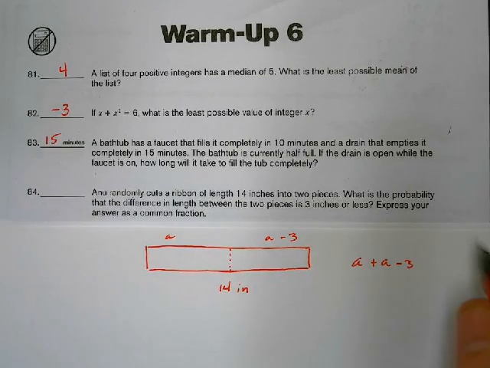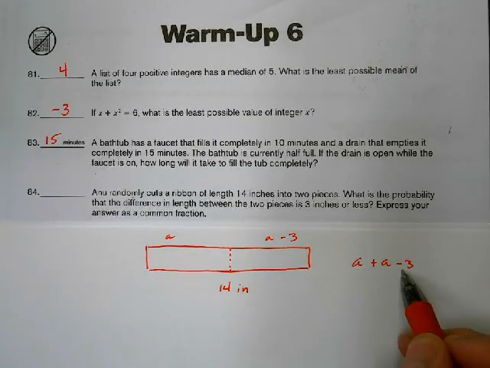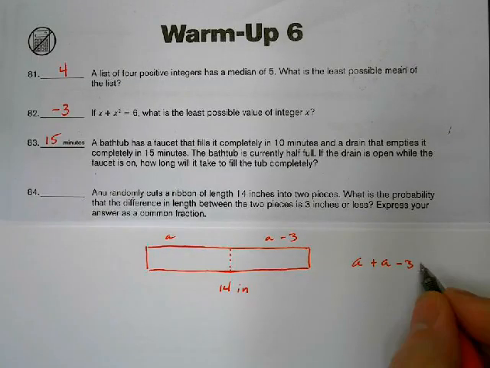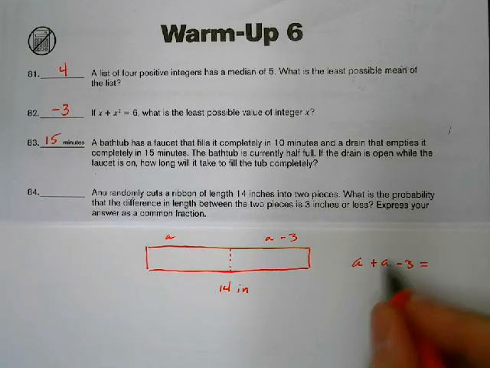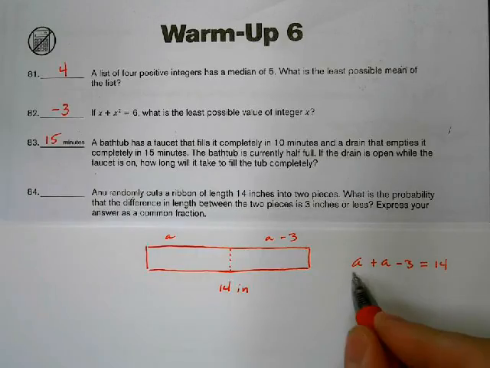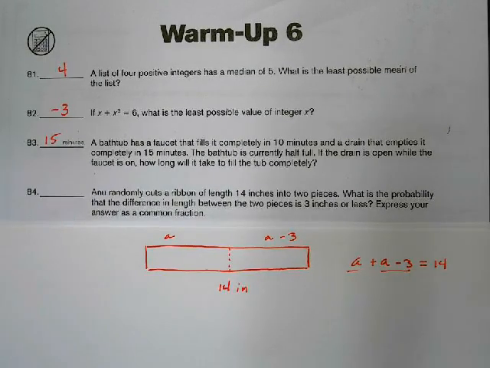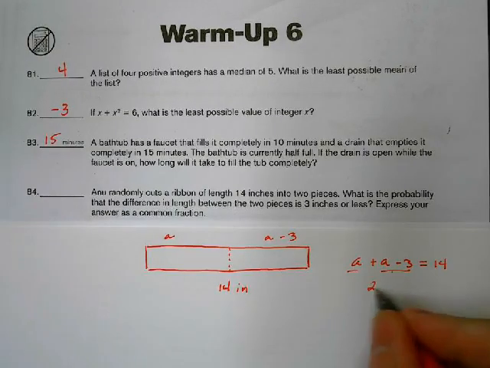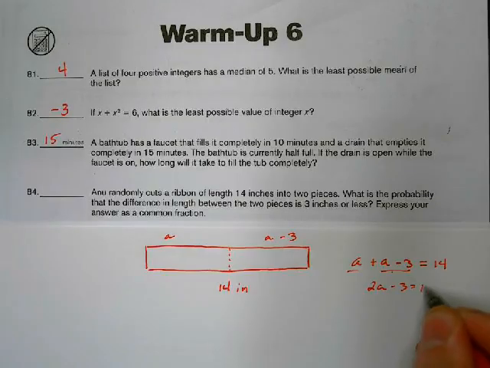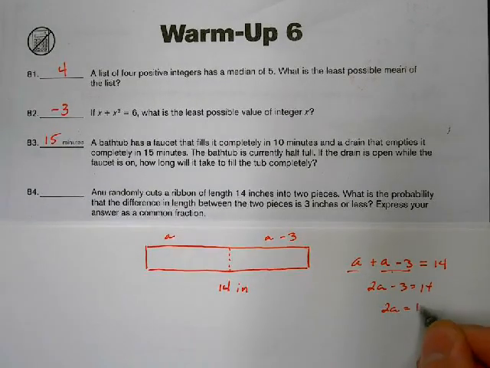The bigger segment and the smaller segment, when we add them up, we get 14. So I get 2A minus 3 equals 14. Add 3 to both sides, I get 2A equals 17. Divide by 2, I get A equals 8.5.